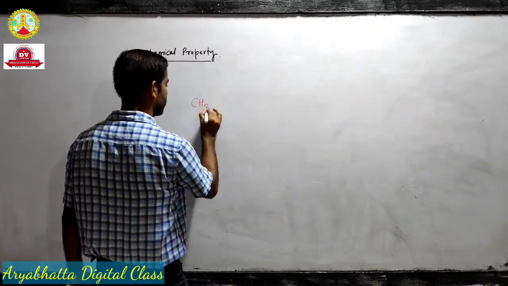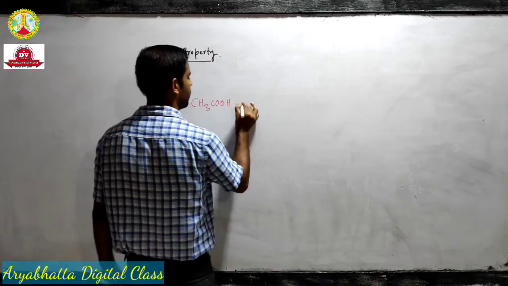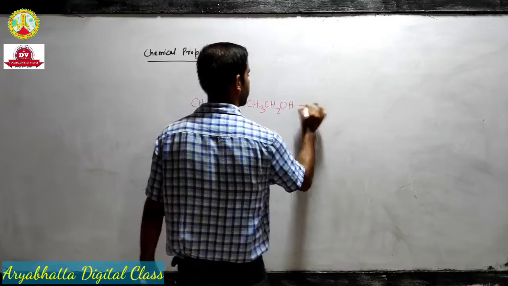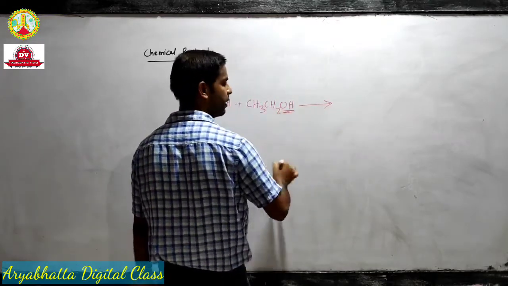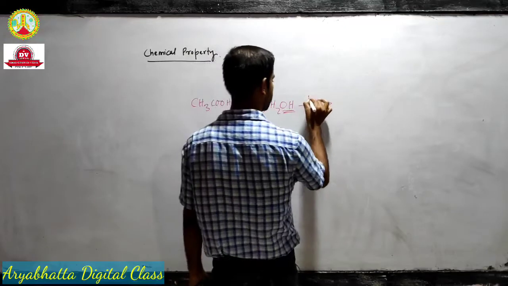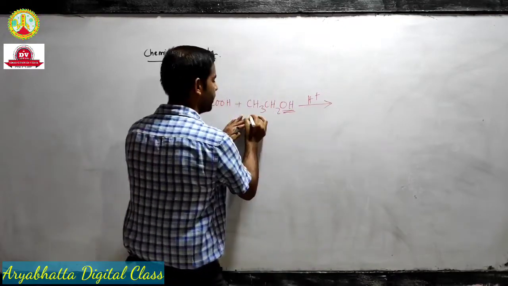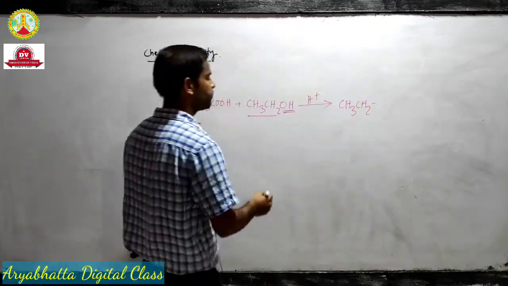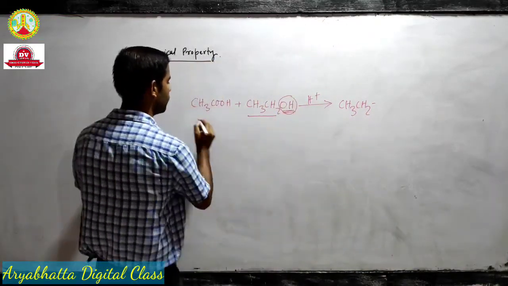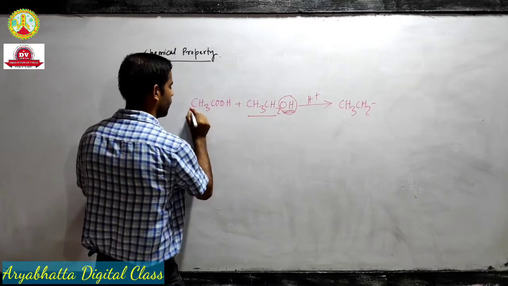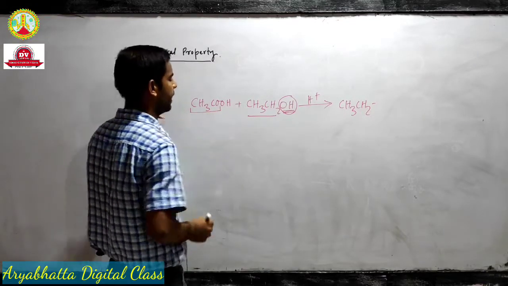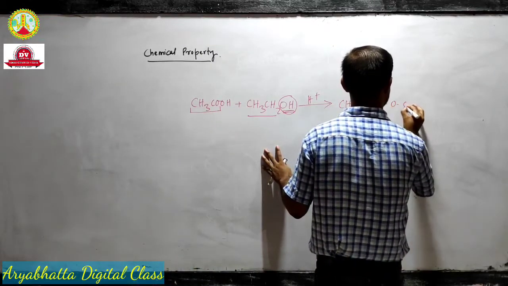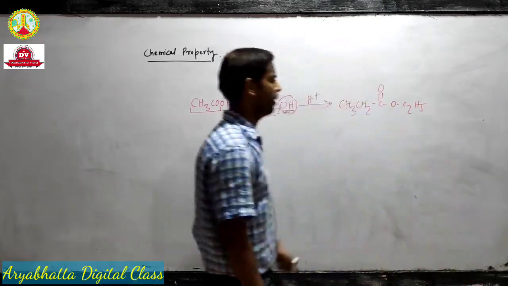Okay, you can take some easy examples also, like suppose we have CH3COOH reacting with CH3CH2OH. Keep in mind the reaction will take place where the OH group is present, in presence of H plus. So what will happen, we will keep this part, that means CH3CH2, and this part will get attached first. So O C2H5.